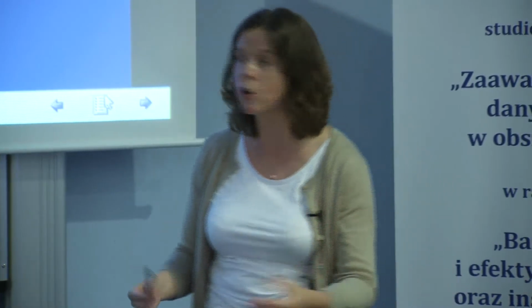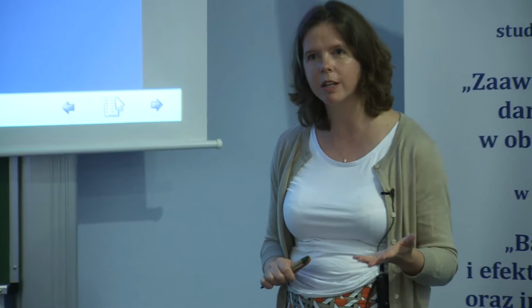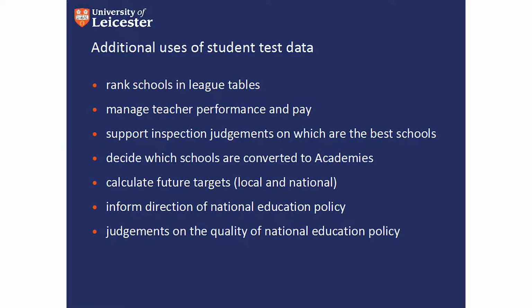So the two secondary schools in the town compete for pupils. We use the exam data to judge school quality and therefore competition. If schools are seen to be not successful, they are converted to academies largely. It varies, the policy has changed. Most schools are now academies.